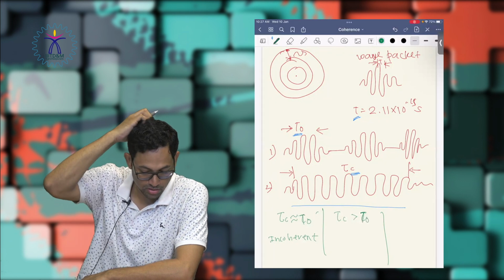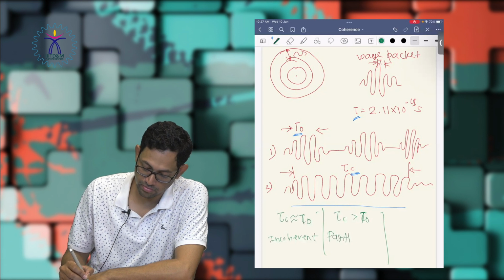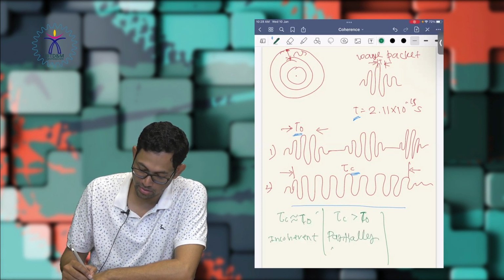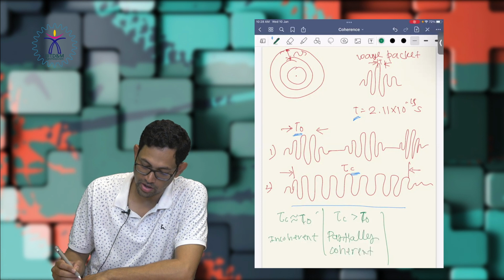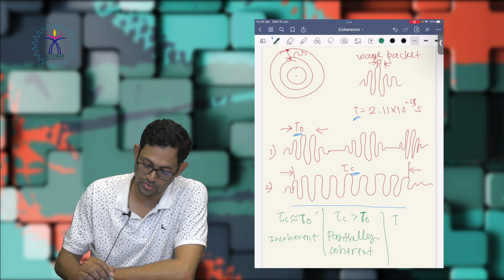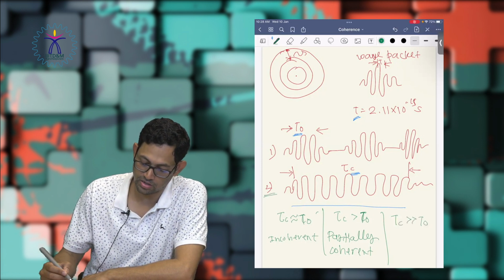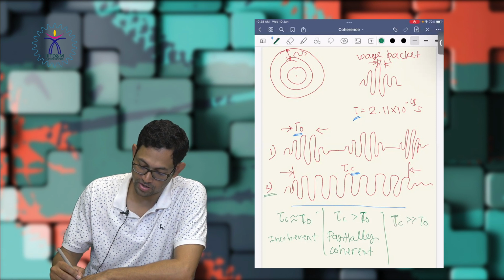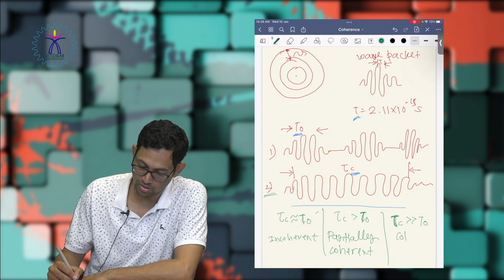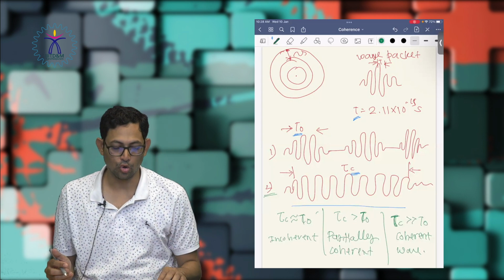In that case we can say that it is partially coherent. And the second case is where tau c is far greater than t naught, and over here we say that it is a coherent wave. So we can say that it is significantly coherent.